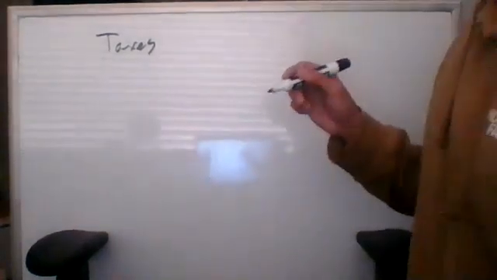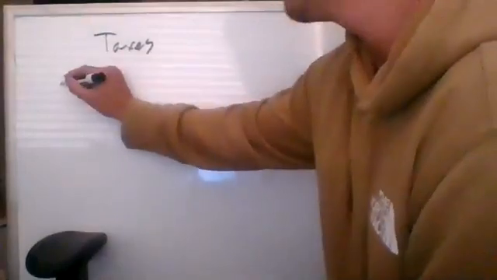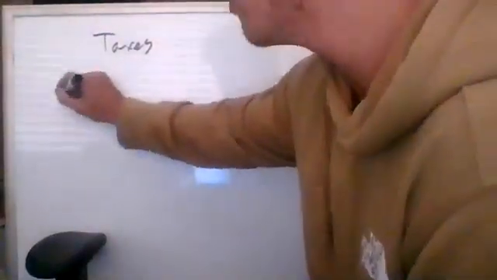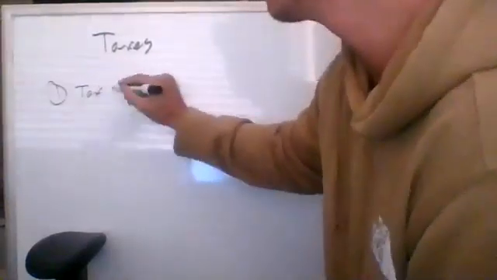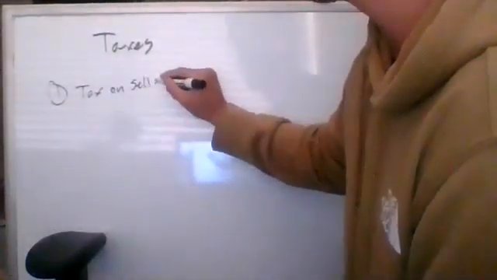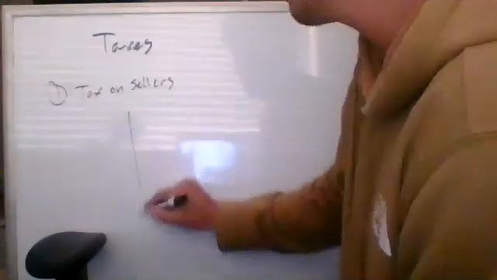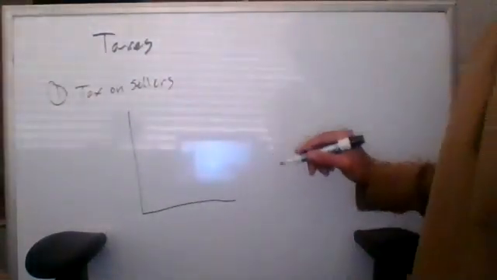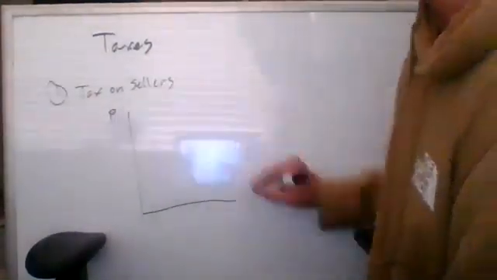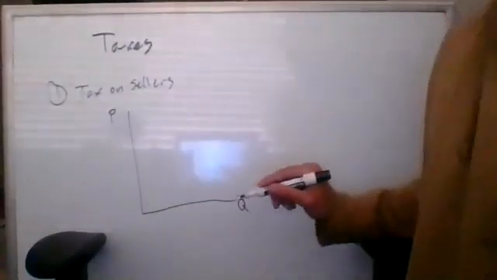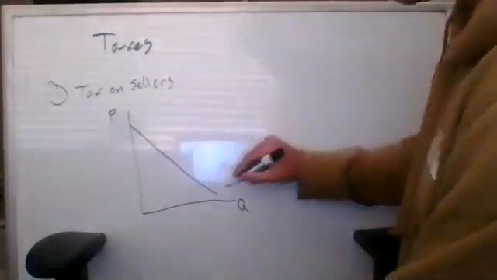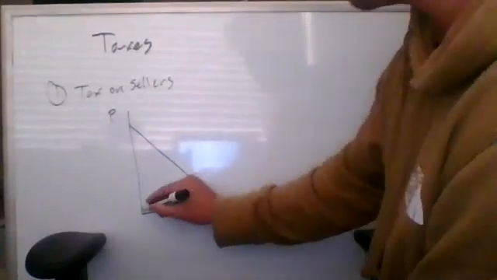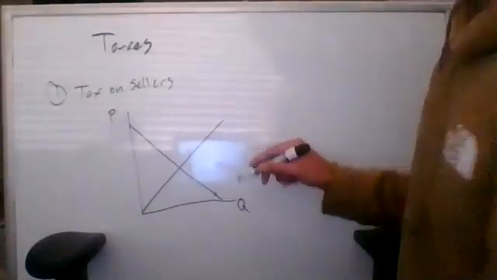So let's take a look at a situation where we have a tax on sellers. Let's say we have this graph where P and Q are our axes, and we have a demand function right here and a supply curve right here.